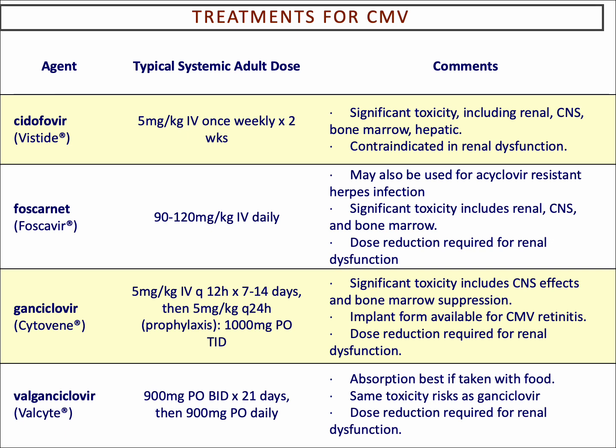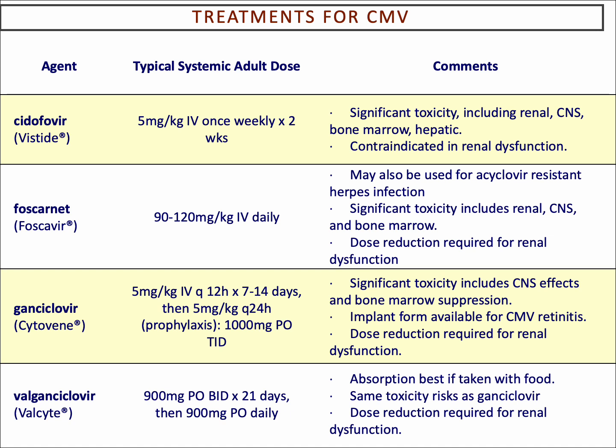So you should have at least a familiarity with the agents for treating CMV retinitis, and those include some IV forms, and the last is an oral form. Cidofovir, foscarnet, and ganciclovir are all given IV for severe CMV infections, particularly retinitis.